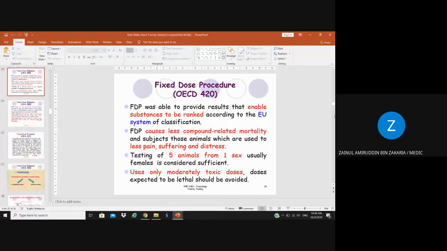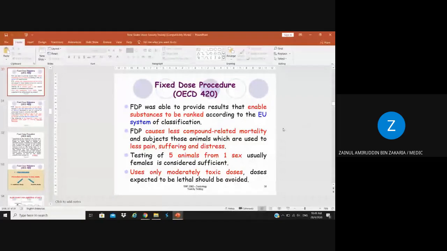Okay, now we are going into more detail about OECD. We are not going into detail on OECD 401 because it has been removed, suspended. 401 is actually to measure LD50 directly, so you need to see 50% death.